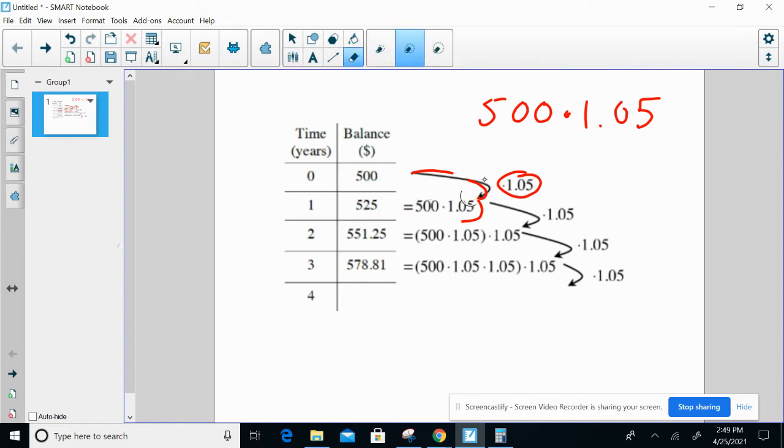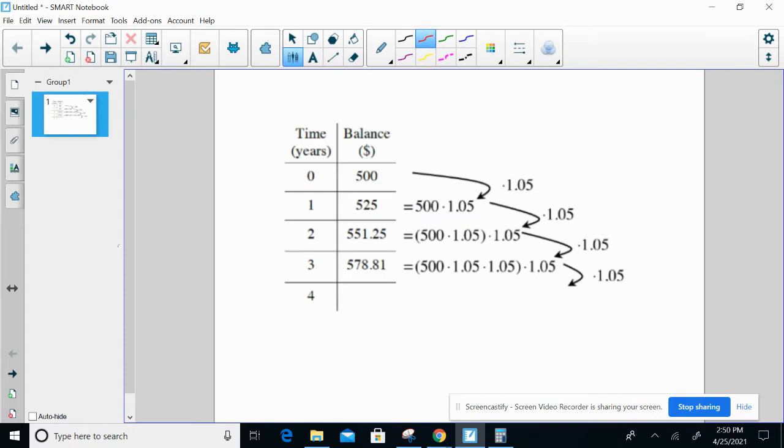Now, what happens next is kind of important. When you go from this step, 525, to this step, 551.25, you're not just taking 5% of 500. You're taking 5% of the previous step, 525. So what's happening here is it just keeps building on itself and multiplying times another 1.05.